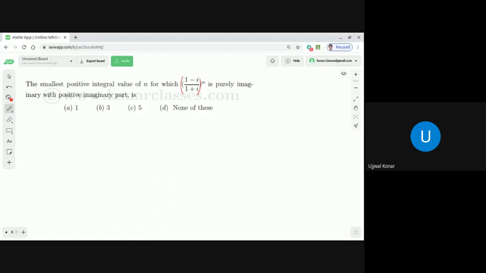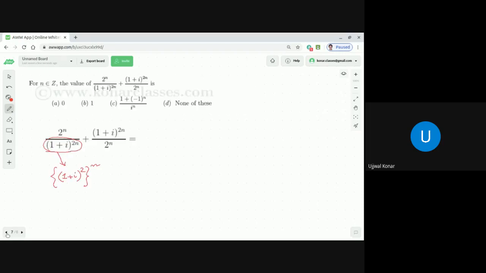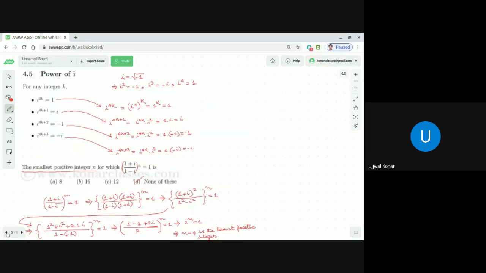One problem we have solved a little bit like this today, where it was equal to something. If you recall, ((1 + i)/(1 - i))^n is equal to 1, what is the smallest positive integer n?